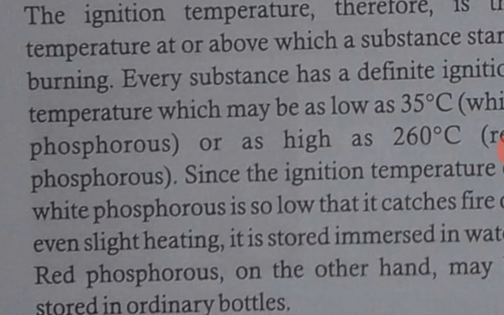For example, cooking gas, petroleum, white phosphorus, etc. These are also called inflammable materials. Other substances like wood and coal have a high ignition temperature. So, the ignition temperature of a substance is defined as the lowest temperature at which a substance catches fire and starts burning. The ignition temperature of petrol is much lower than kerosene, since petrol vaporizes quickly and catches fire. So, it cannot be used in a stove.